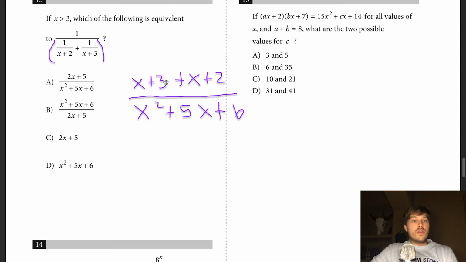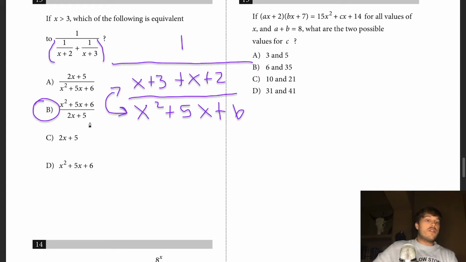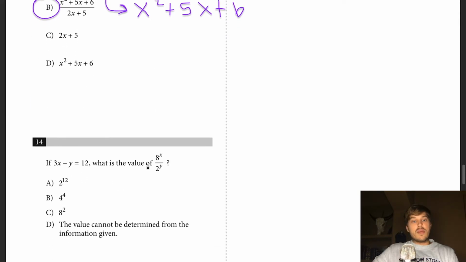We can see our numerator is simply 2x plus 5. And then since it's 1 over all of this, another way to write that is to just simply flip these two, and we'll be left with B, x squared plus 5x plus 6 all over 2x plus 5. Let me know if you all followed that in the comments down below. Thank you so much. Let's keep going.